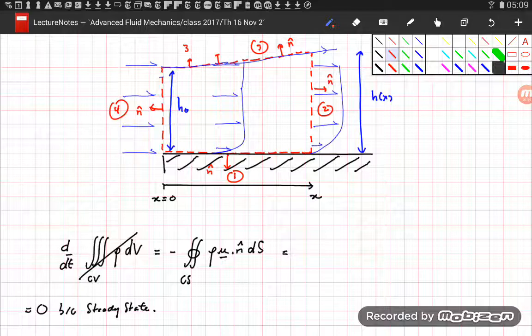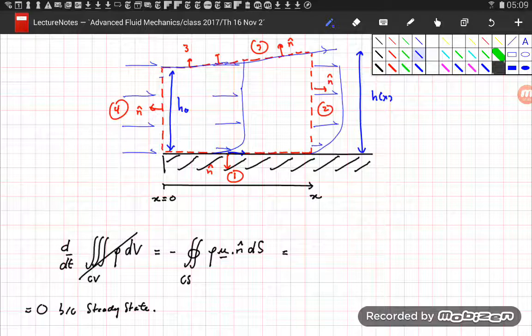Now, because of our choice of control volume, the volumetric flow rate out of 1 and out of 3 is equal to 0, because the velocity is perpendicular to the normal to the surface. Here at the boundary we have a no penetration boundary condition, so the velocity is 0.